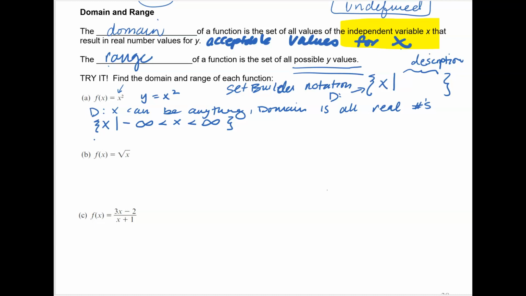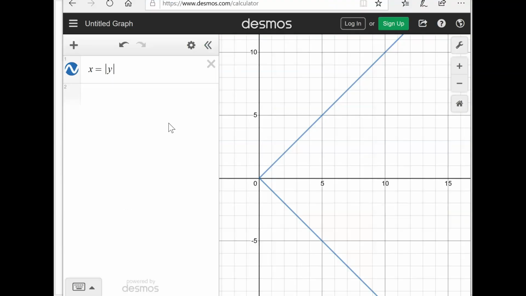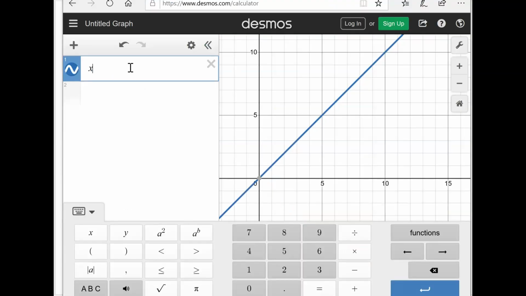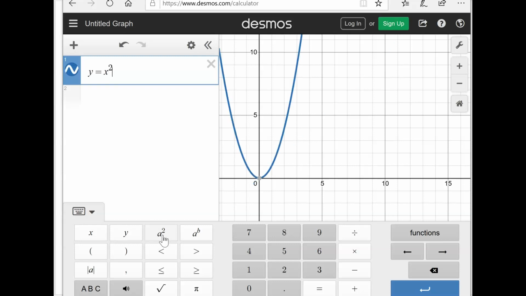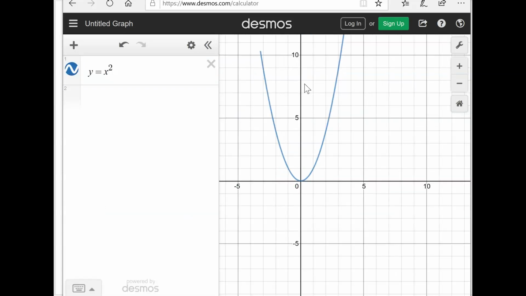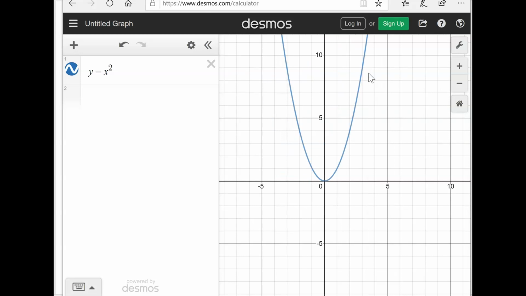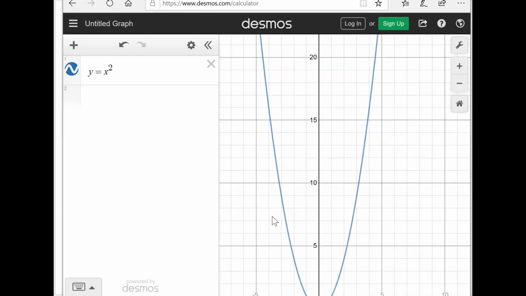Before we do range, let's just look at the graph real quick. I'm going to go to Desmos and type in y equals x squared. For the domain, we're looking at the x's, so I look left to right, because the x's are on this horizontal axis down here. When I look left to right, are there any x values that this function would not contain?